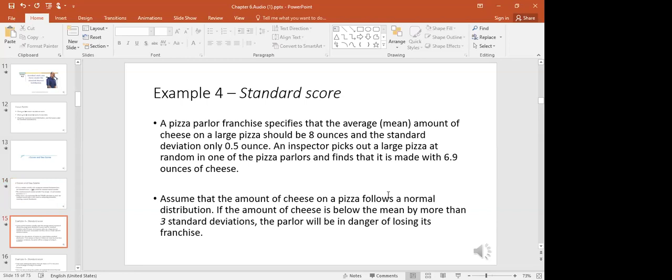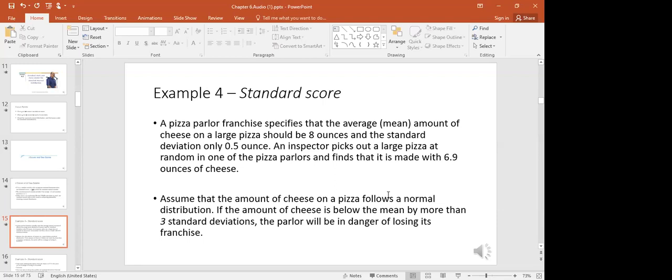Let's use this example. A pizza parlor franchise specifies that the average amount of cheese on a large pizza should be 8 ounces and the standard deviation only 0.5 ounce. An inspector picked out a large pizza at random in one of the pizza parlors and finds that it is made with 6.9 ounces of cheese.